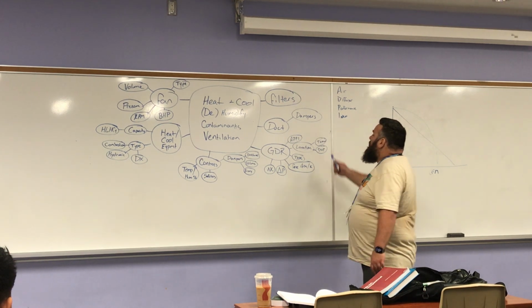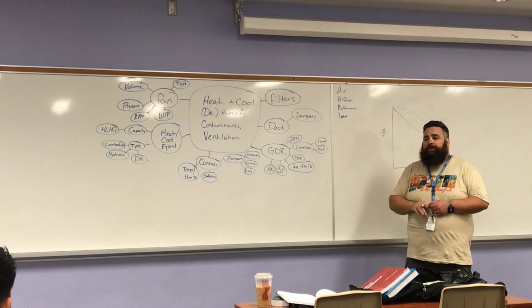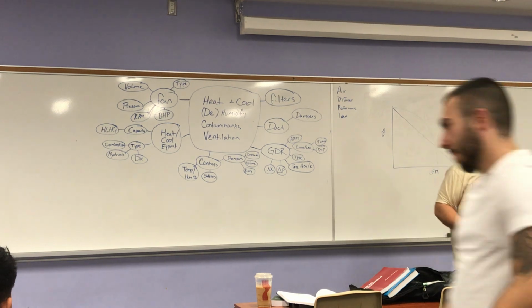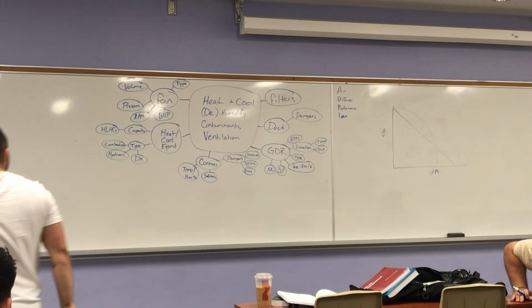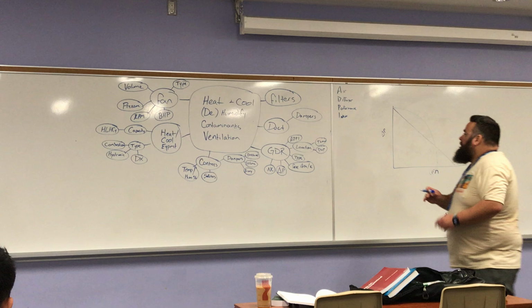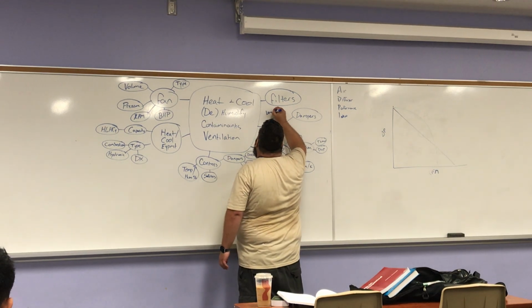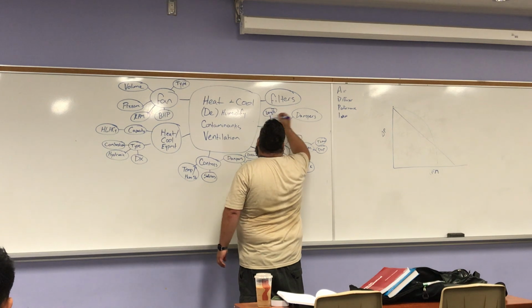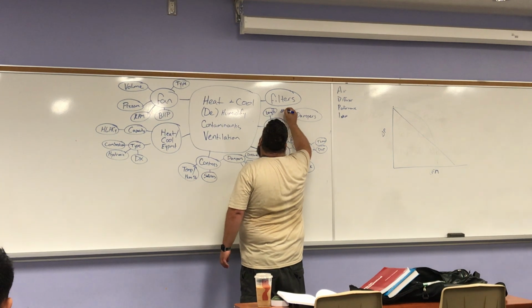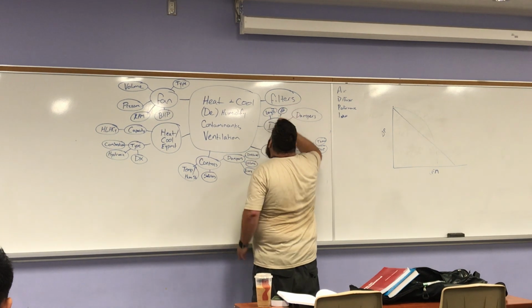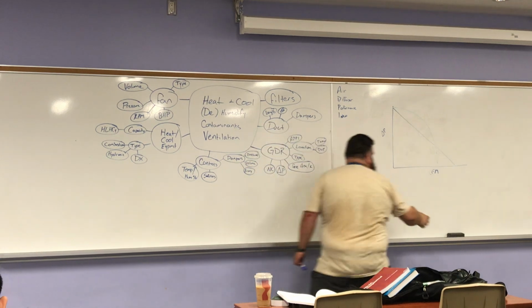Duct. What else are we concerned with for our duct? The length of it and pressure drop. Yep. So I'm going to put length, delta P, which corresponds, actually, there's a better way to do that.